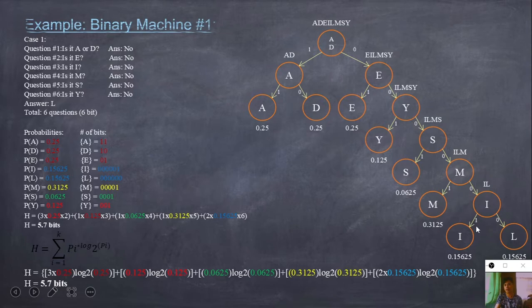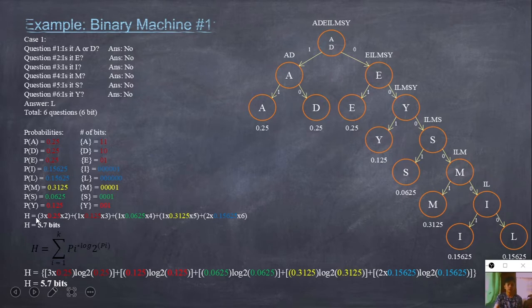This is the number of bits of I. For L, the equivalent bits are 0, 0, 0, 0, 0, 0. For M, we look for its bits: 0, 0, 0, 0, 1. For S, it's 0001. For Y, it is 001.